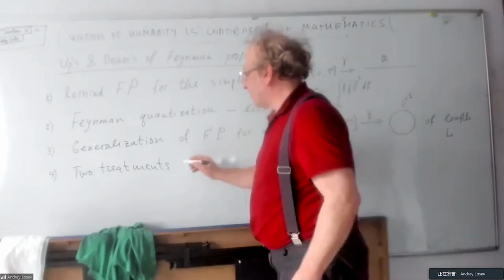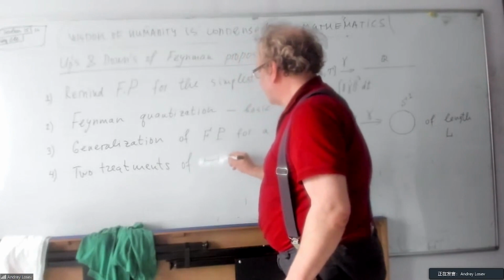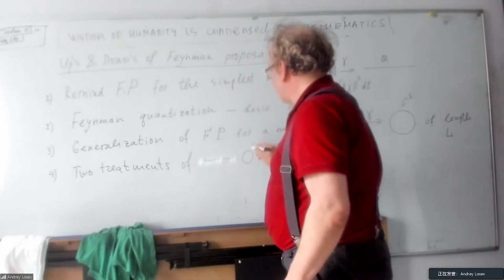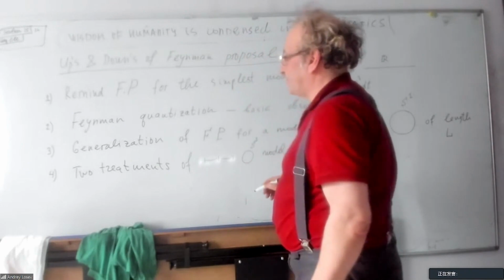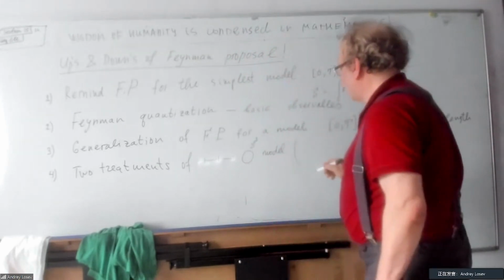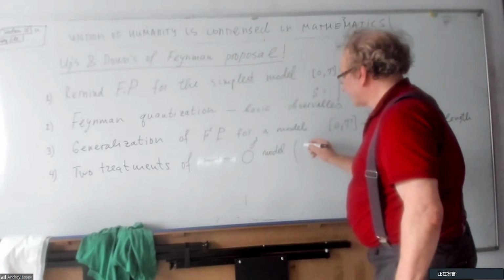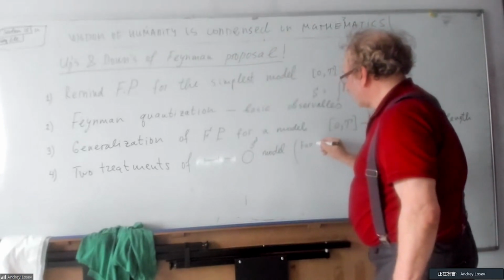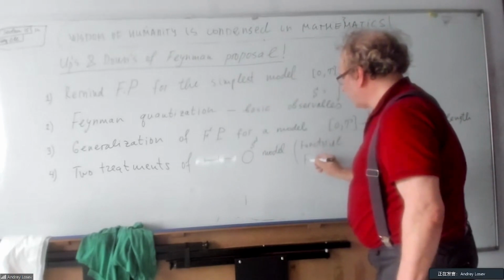So there will be 2 treatments of this interval to S1 model. One would be called punctorial, and another would be called Feynman.